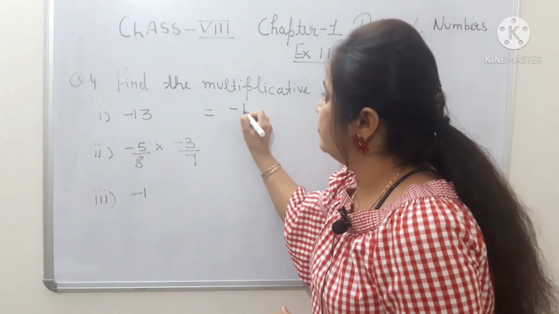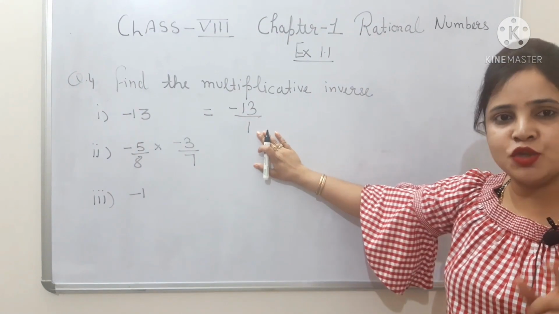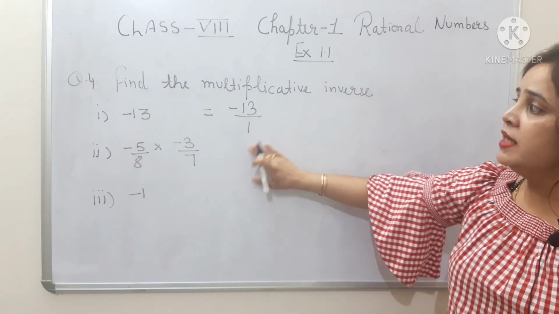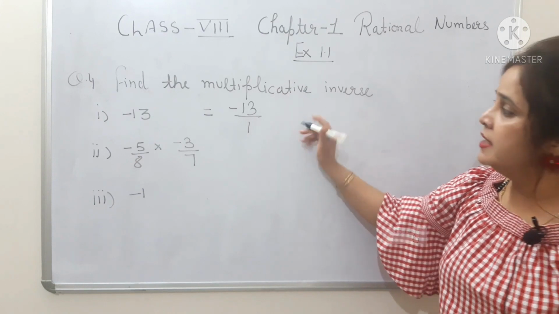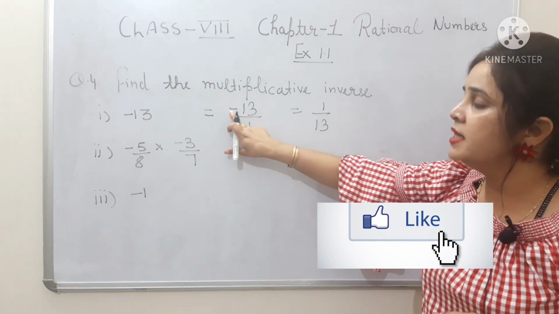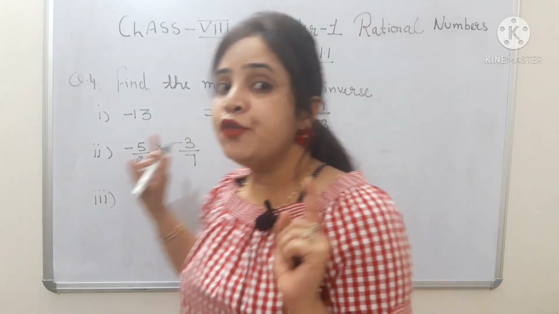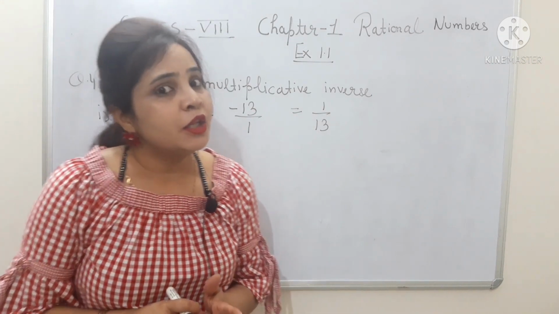So the reciprocal of minus 13, can we write it like this? Yes, we can. Its reciprocal is 1 upon 13 and the minus sign is also there. मैंने आपको ये पहले ही बताया है, we should write the minus sign in the numerator.